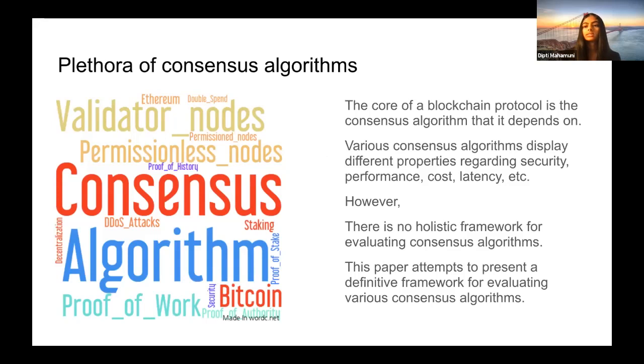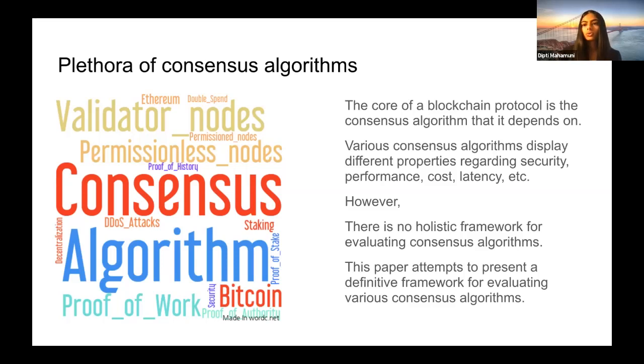So regarding security, performance, cost, or latency, each of these consensus algorithms behaves differently. So what I found was that there wasn't a holistic framework to evaluate these consensus algorithms based on these few criteria. So in this talk, I hope to present a definitive framework to evaluate these consensus algorithms.